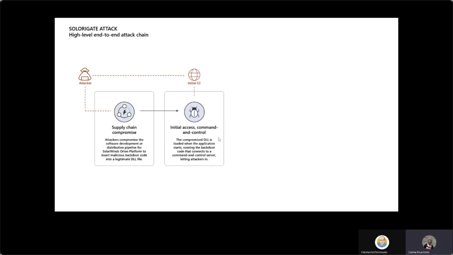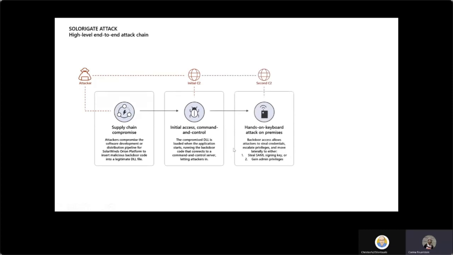Using the backdoor to steal credentials, escalate privileges, and move laterally to gain the ability to create SAML tokens using one of two methods, either stealing the SAML signing certificate from an ADFS server on-prem, or adding or modifying existing federation trusts.